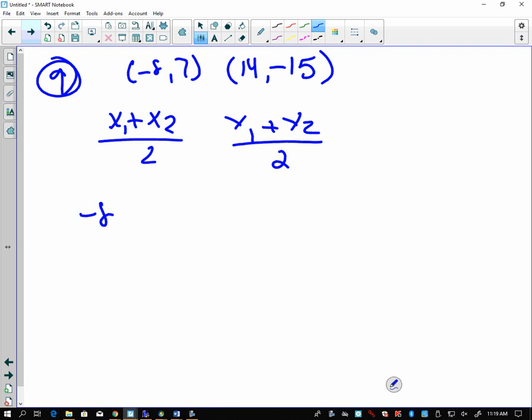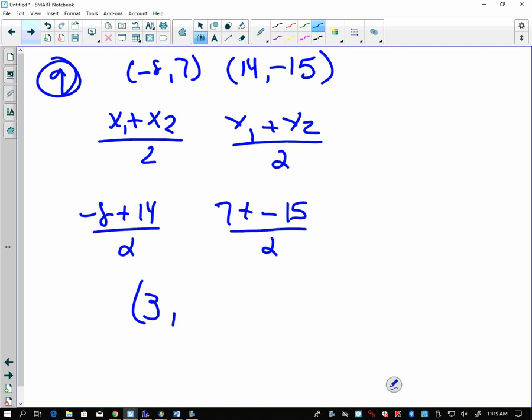X is -8 plus 14 divided by 2, and y is 7 plus -15 divided by 2. -8 plus 14 is 6. 6 divided by 2 is 3. Okay, 7 plus -15 is -8. Yep. -8 divided by 2 is -4. Okay, number 9. Let's check our answer. 3, -4. I'm really feeling like this is maybe one of the easier tests we've had in a while, but maybe I'm wrong.